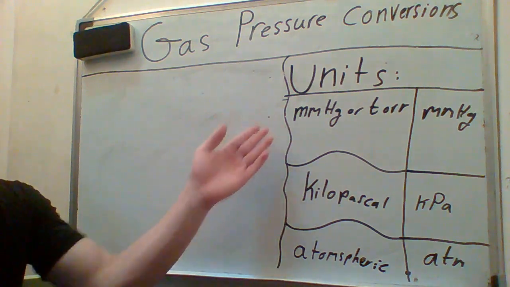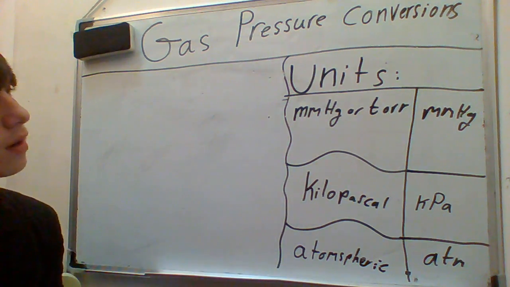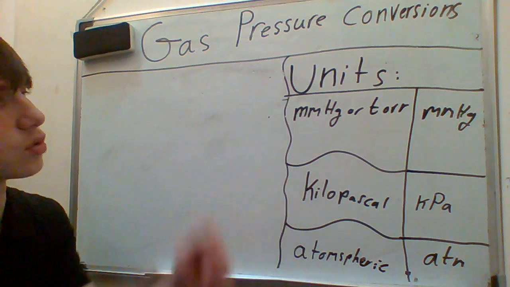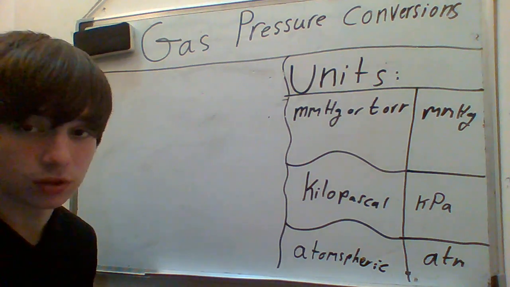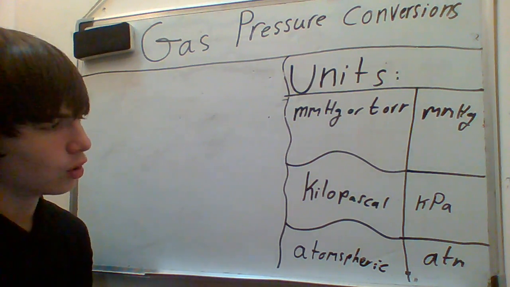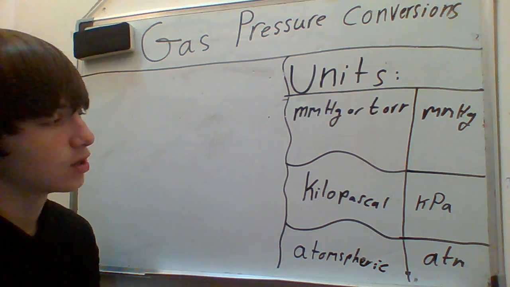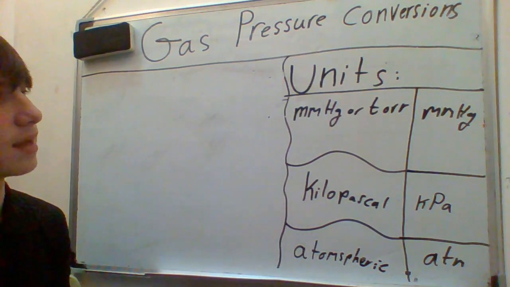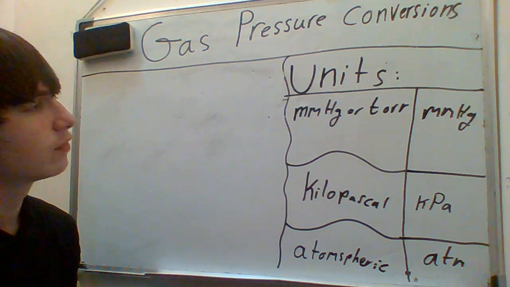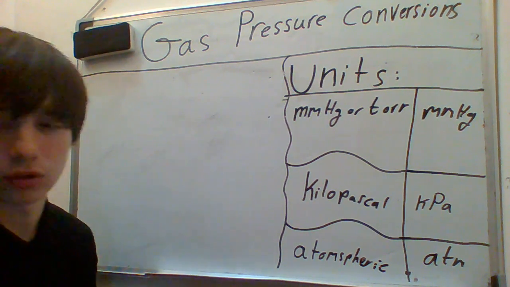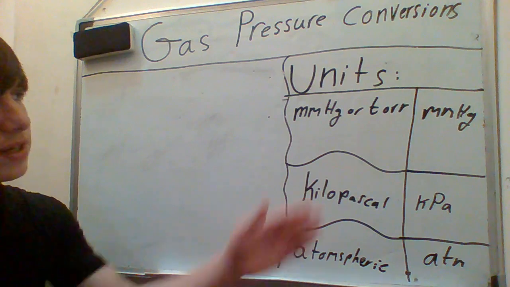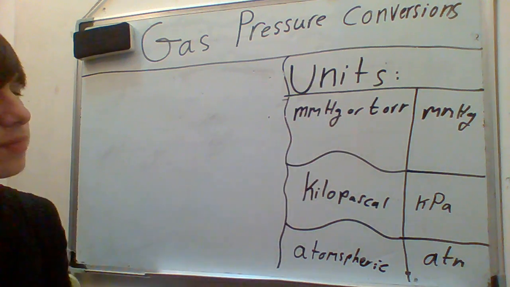We have three common types of gas pressure units: millimeters of mercury, also known as torr depending on your textbook, the kilopascal, and the atmospheric pressure. They have different symbols. For the torr, depending on your textbook, it either says torr or millimeters of mercury.